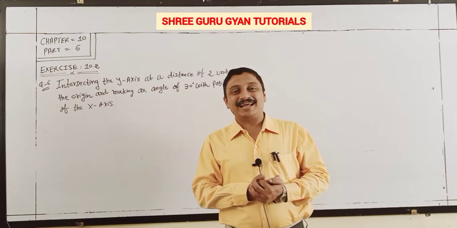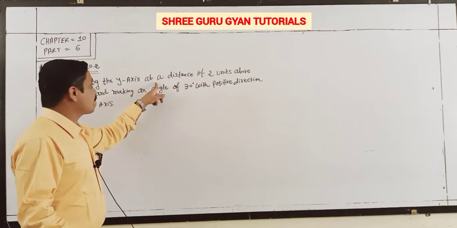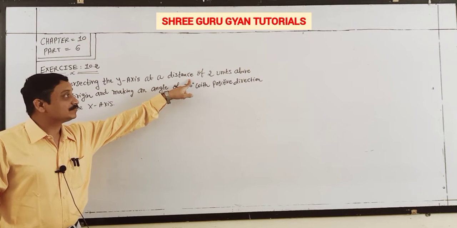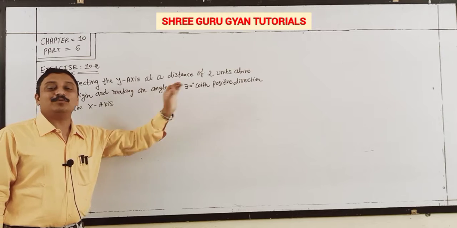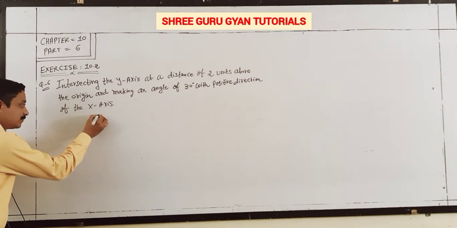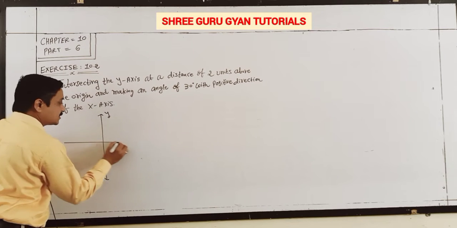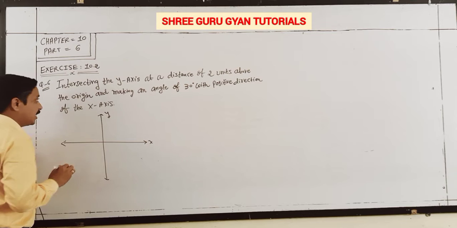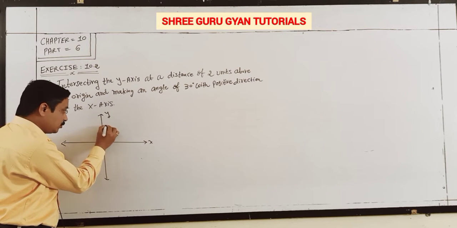Now I continue our sixth one: intersecting the y-axis at a distance of 2 units above the origin and making an angle of 30 degrees with the positive direction of the x-axis, find the line. So students, here is our y-axis, that's the x-axis, and 2 units above on the y-axis means here 1 unit, here 2 units.